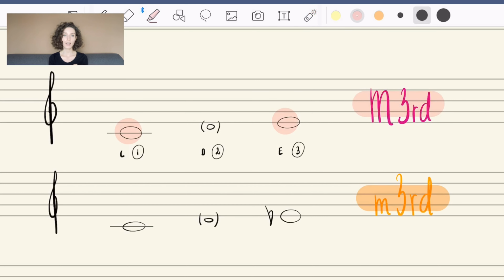But if I decide to lower the second note of that interval, if I put a flat in front of that E and lower that E by a half step, then that interval is still a third, but it is no longer a major third. It is a minor third. A minor interval is always a half step smaller than a major interval.